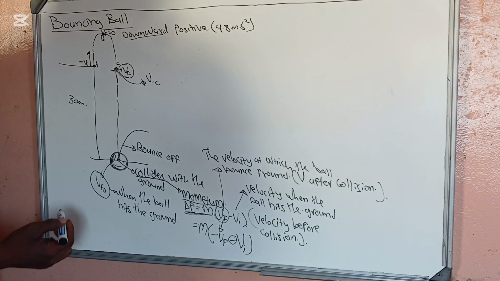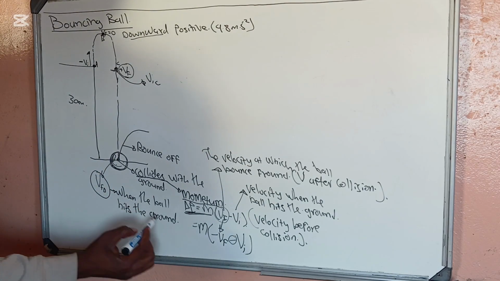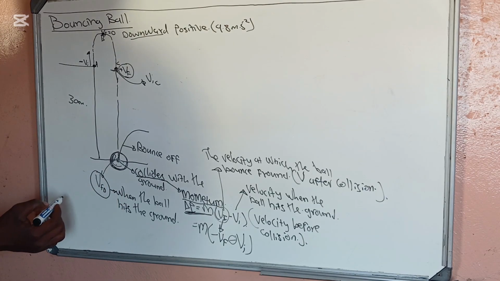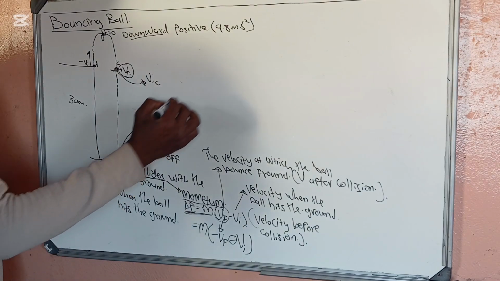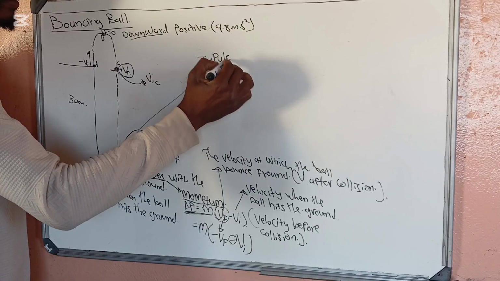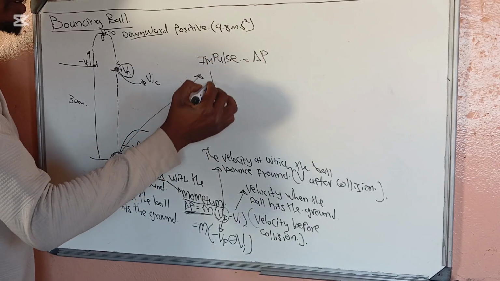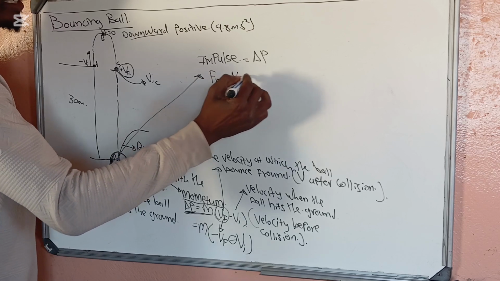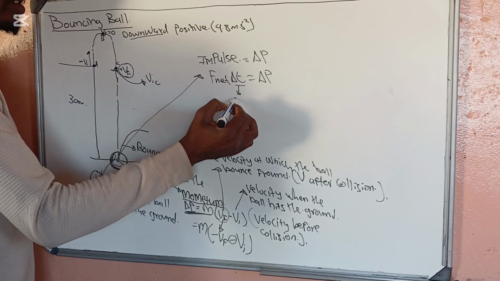Now, what else can we learn from this scenario? We know that we have also what? When the ball bounces here, it has a contact with the ground. We have a contact time. Now, it means that we can now talk about the impulse, which is equal to change in p. And we know our impulse is the product of the Fnet multiplied by the contact time is equal to change in p, the momentum. Then this one is the contact time.